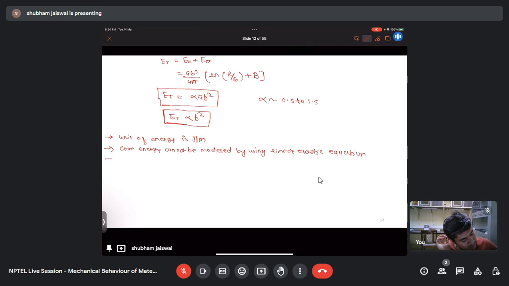Also, the core radius usually lies from B to 4B.